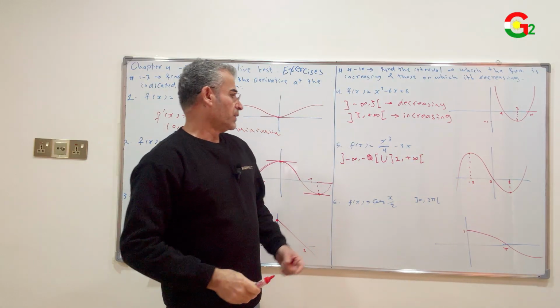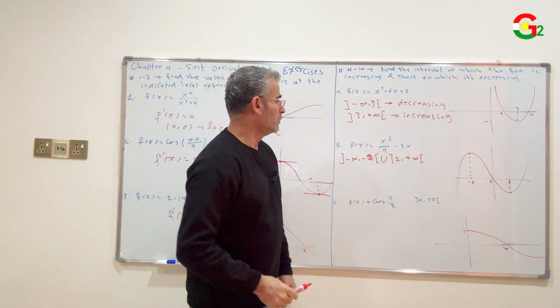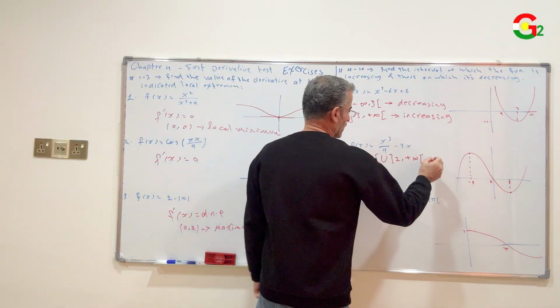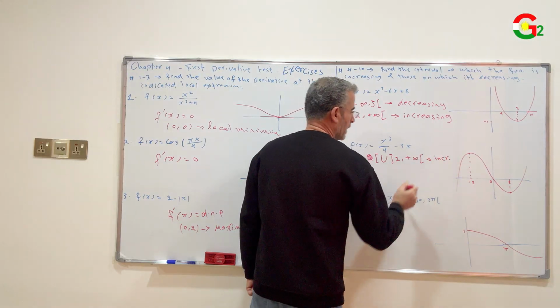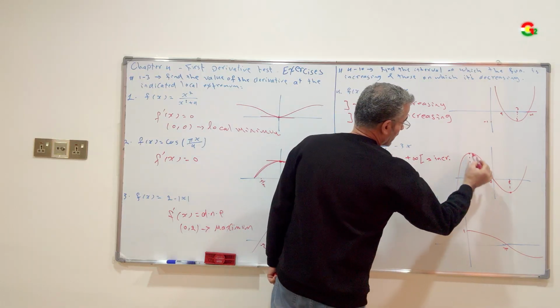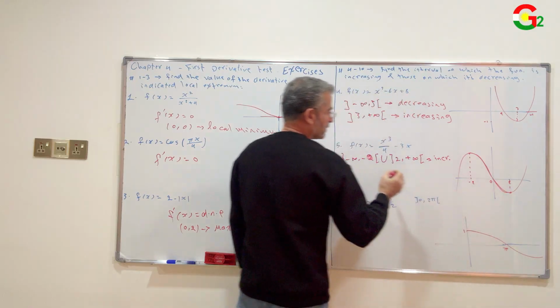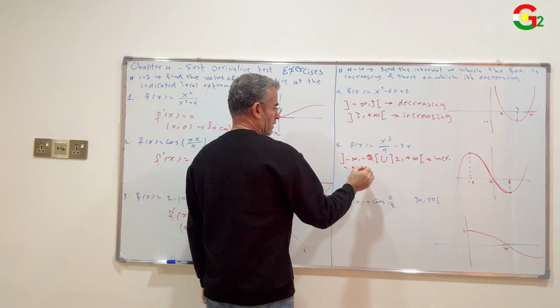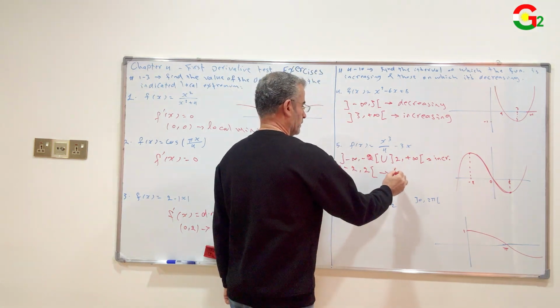Therefore, the interval of increasing is negative infinity to negative 2 union 2 to positive infinity. The interval of decreasing is from negative 2 to 2, as you see. From this point to this point, the function is decreasing. Therefore, negative 2 to 2, open interval of decreasing.